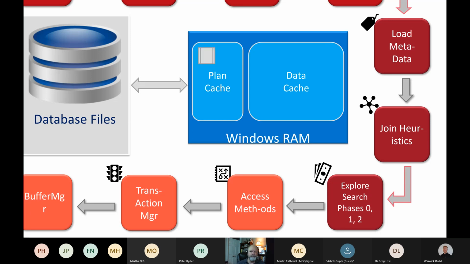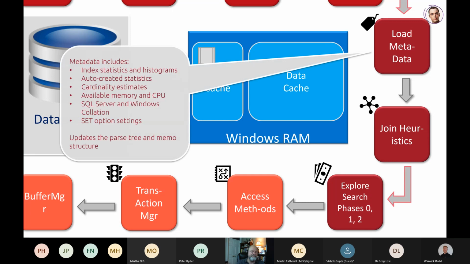And once we get to this phase, the next thing that needs to happen is, okay, it's not a trivial plan. That means we need to know as much as we can about the context, the metadata of this given set of objects in this query. So we need to look at things like index statistics. Maybe there's been some auto-created statistics, and the histograms that are a level deeper than that.